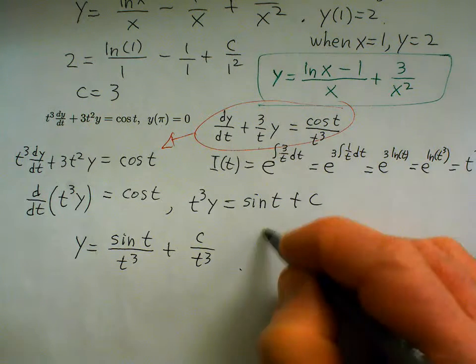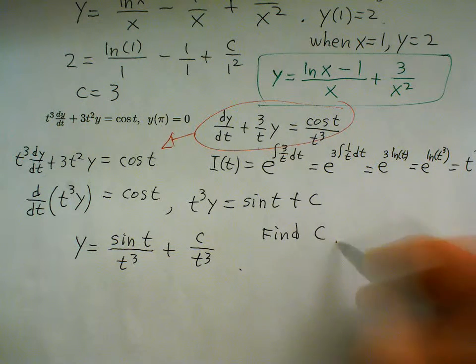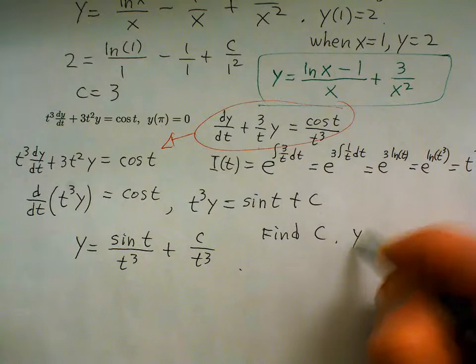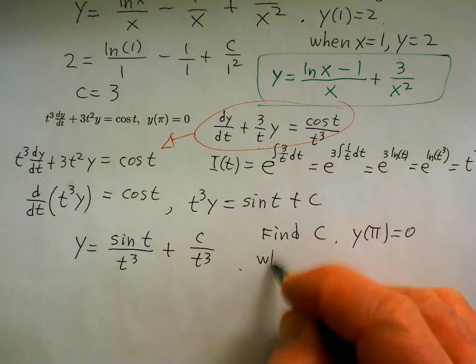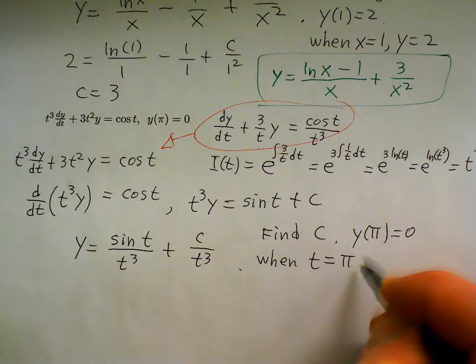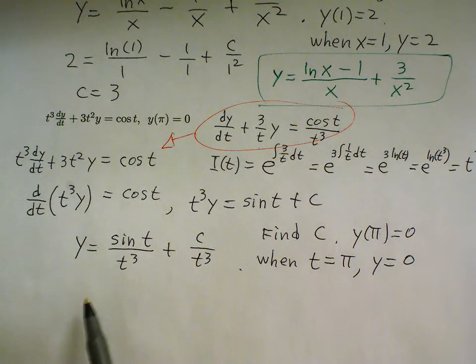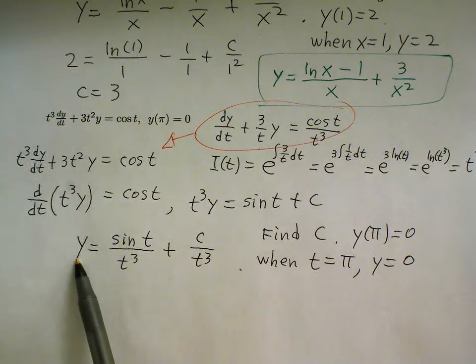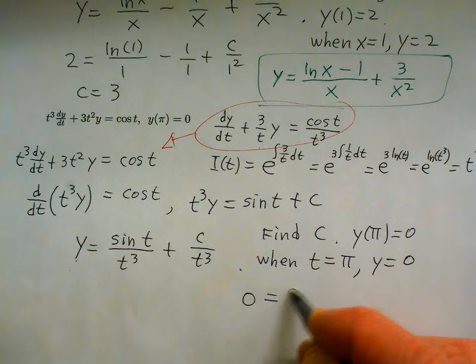And we want to find c. We're given that y of pi equals 0. So in other words, when t is equal to pi, the y coordinate is 0. So replace y with 0 in this equation, and replace t with pi.